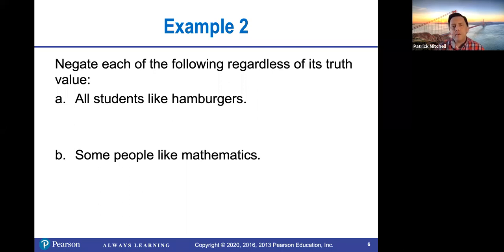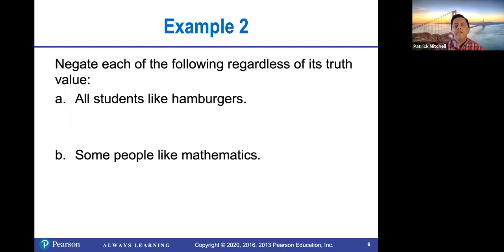So let's just use common sense here for a minute. All students like hamburgers, that's probably not true, right? I mean, some students are vegetarians, okay? So the first inclination of a lot of people is to think that the opposite of all is none. No students like hamburgers. But that can't be right because that's not true either, right?